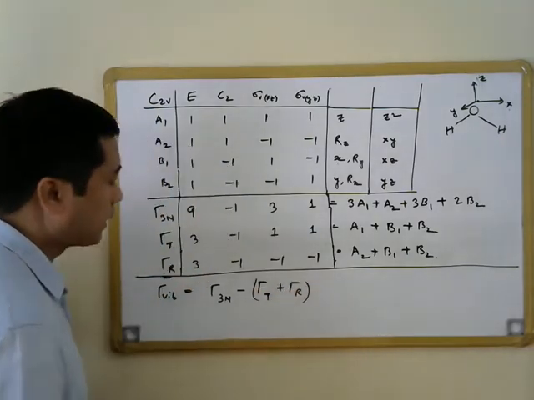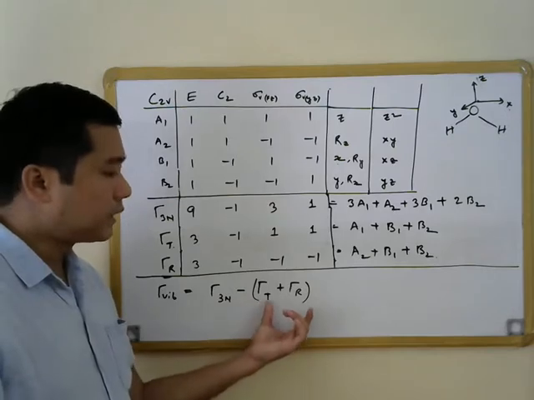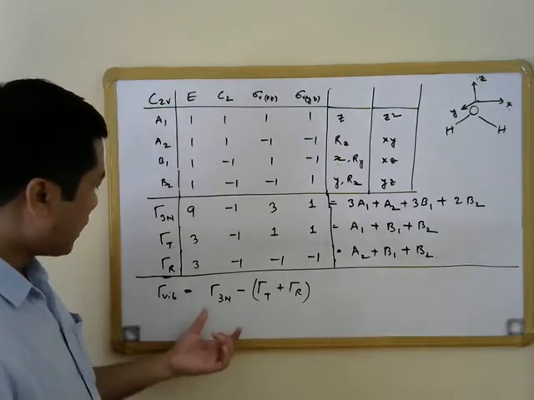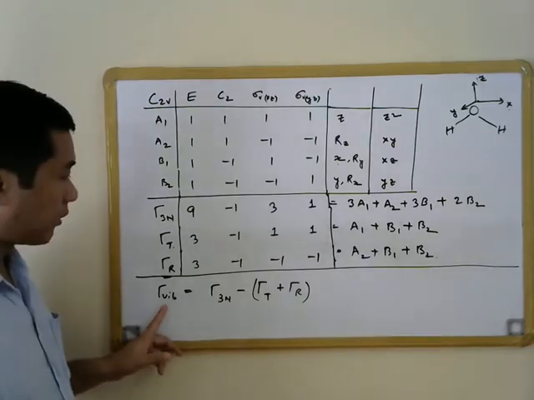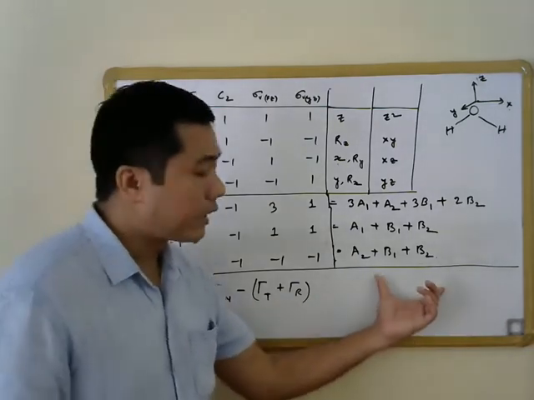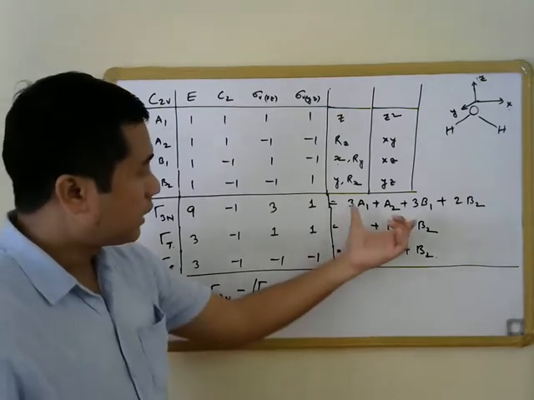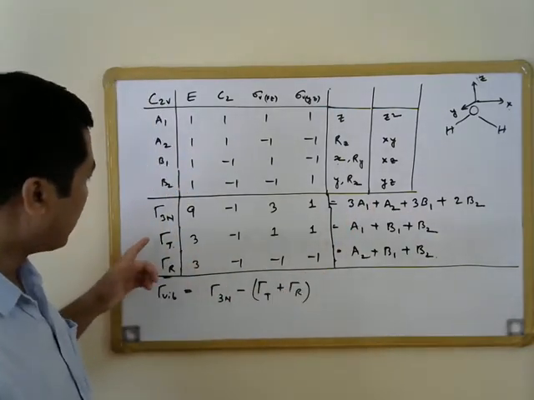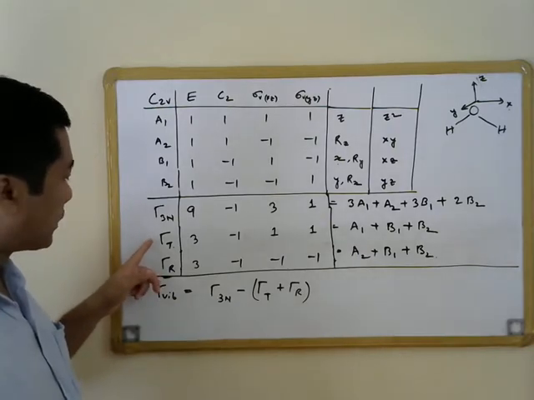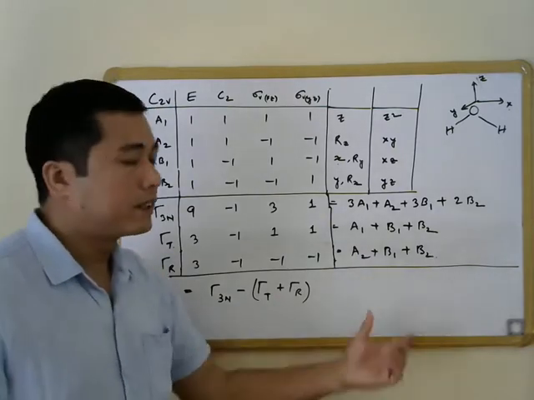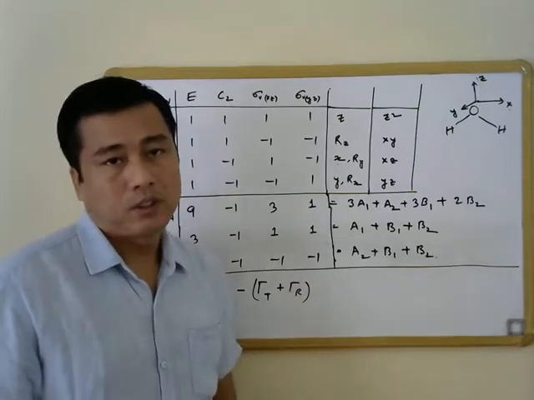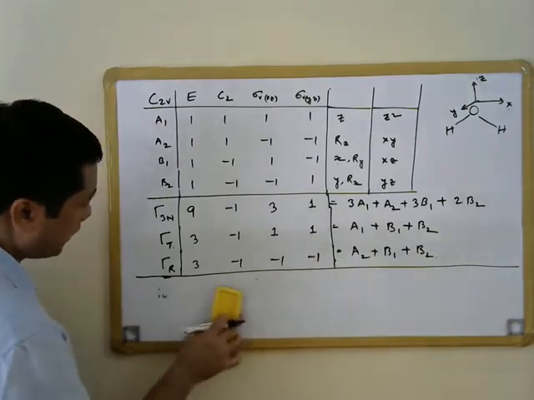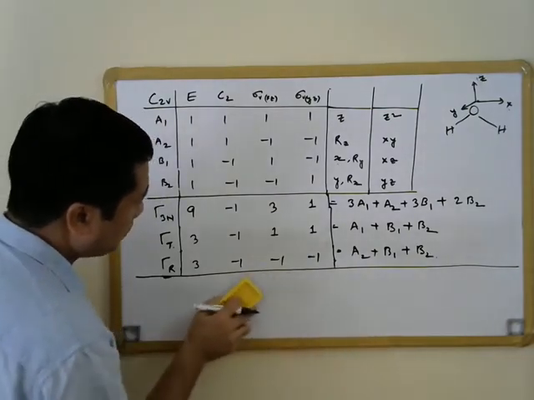So if you take the characters of gamma t and gamma r and deduct them from gamma 3n, then we will get the character of gamma vibrational. The same can be applied here as well. We can take the irreducible components of gamma 3n and then deduct the irreducible components of gamma t and gamma r, and then we will see the irreducible components of gamma vibrational. So we can do this exercise here. Let us proceed with that.